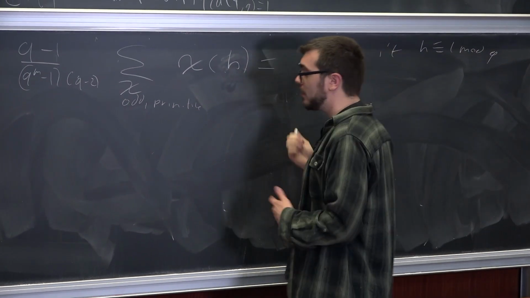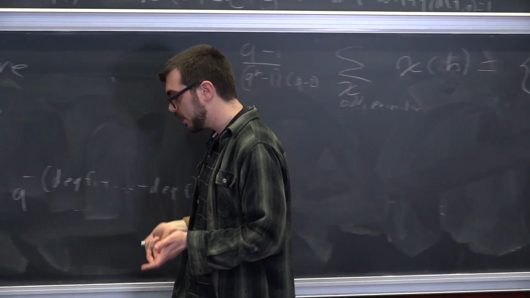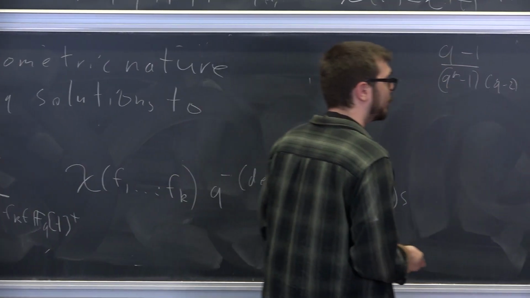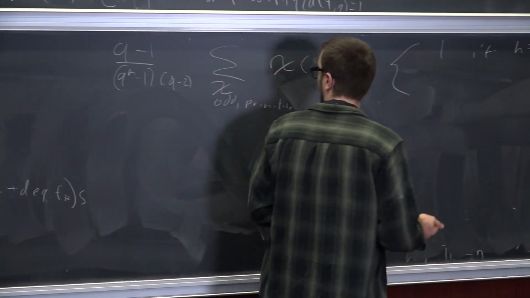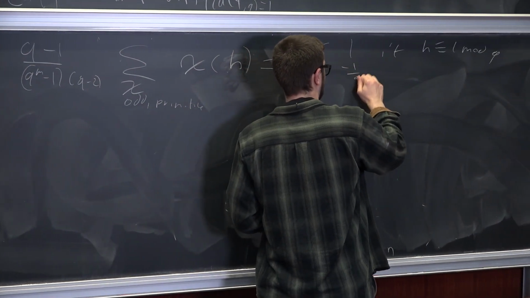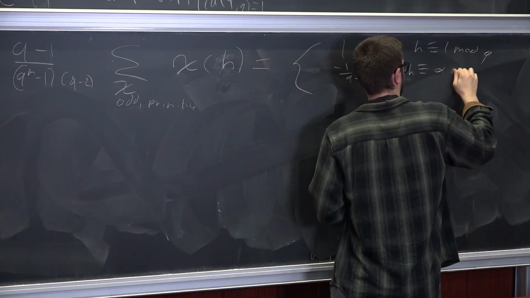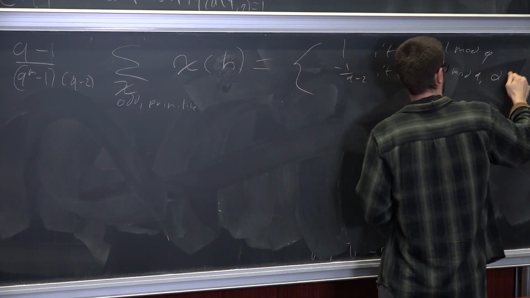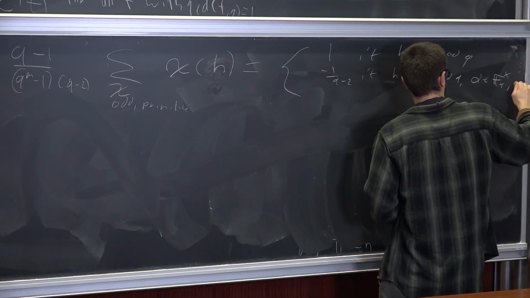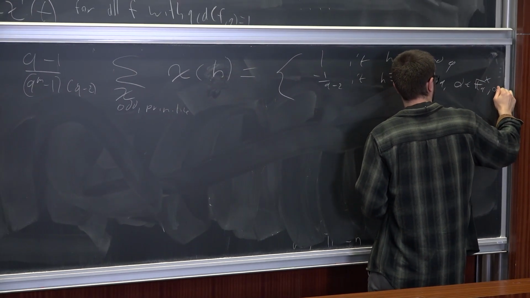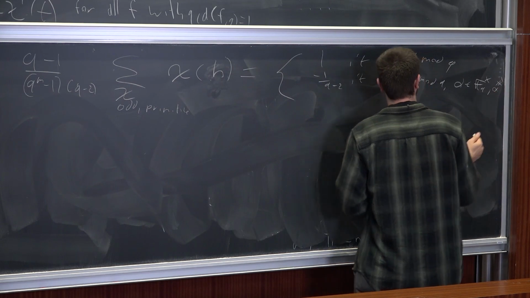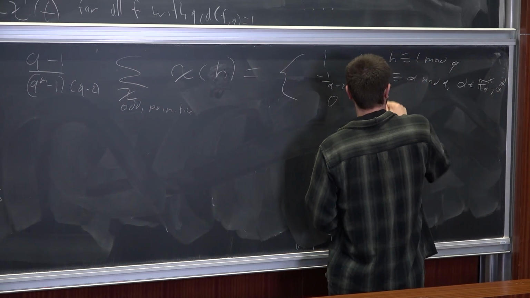If h is congruent to 1 mod g, all the characters have value 1, so their average is 1. It's equal to minus 1 over (q minus 2) if h is congruent to alpha mod g for some alpha in F_q^times not equal to 1, and is 0 otherwise.